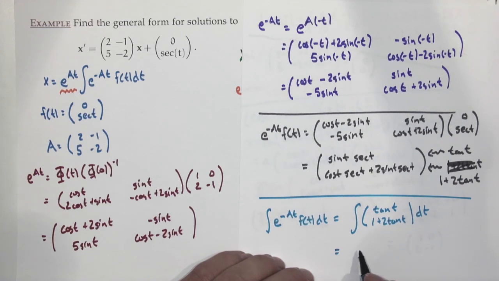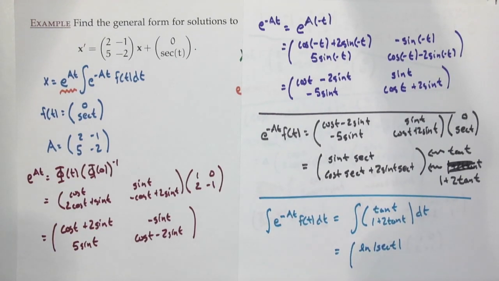It is, on the formula sheet, natural log of secant, correct. How about the integral of 1 plus 2 tangent t? Do we know that? t plus 2 natural log of secant t.